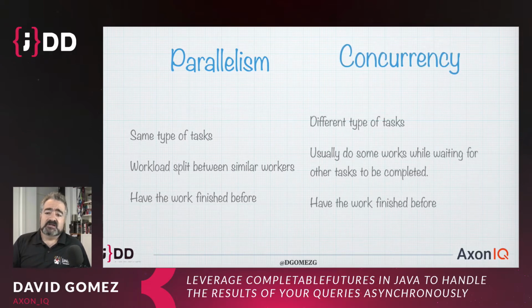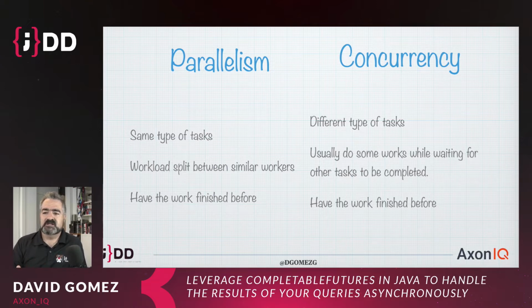On the other side, concurrency is the kind of strategy that we use when we have different types of tasks. In this case, what we are going to do is try to take the most of the time when we are waiting for some task to finish or for some external system to do its work. We are going to use that waiting time to do something else that will be useful later.